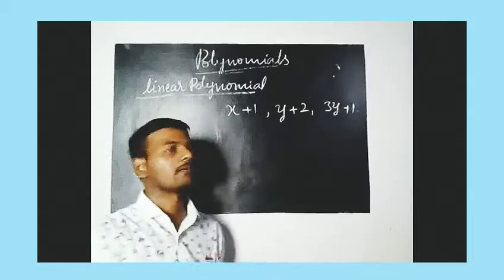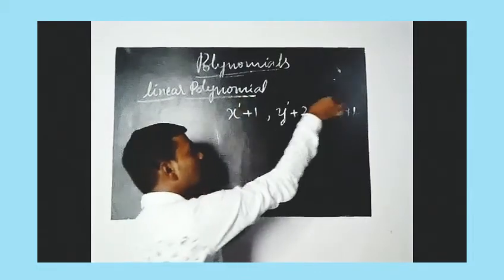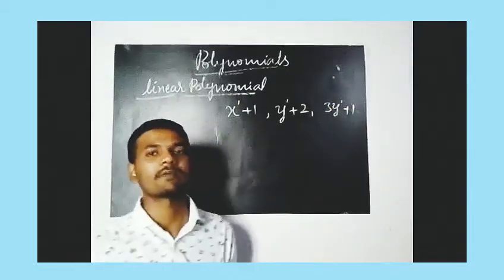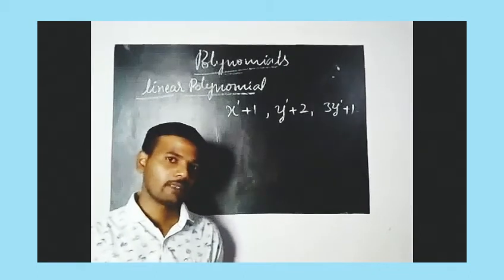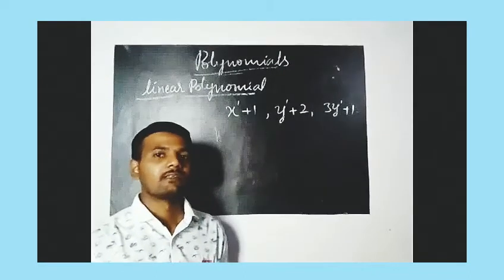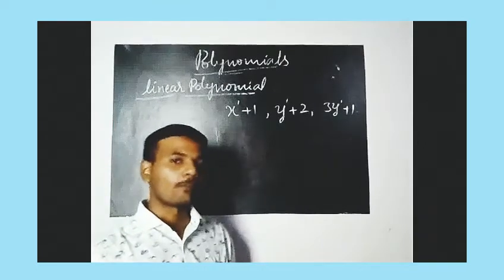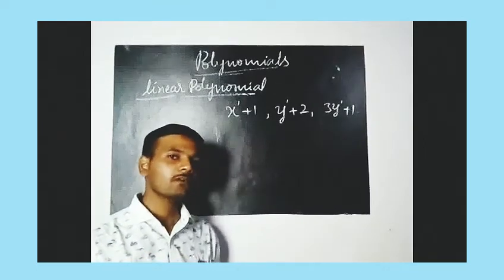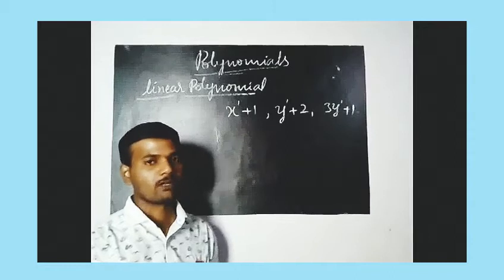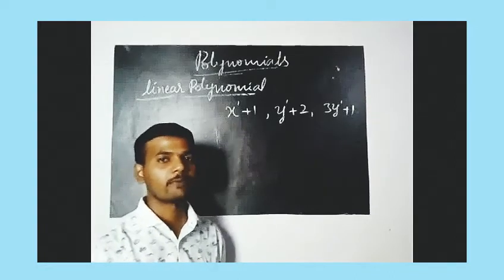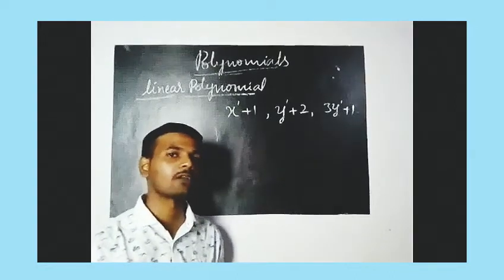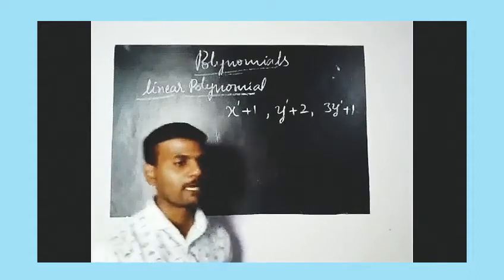Here the exponent is 1, here also 1, here also 1. So that's why it is a linear polynomial. When the polynomial has degree 1, we say that it is a linear polynomial.